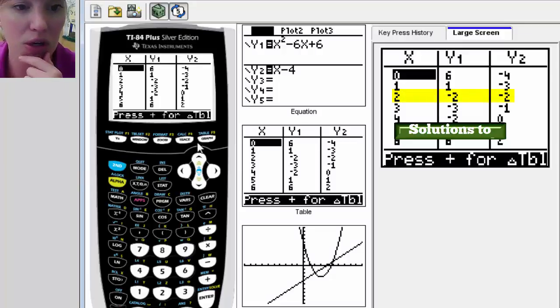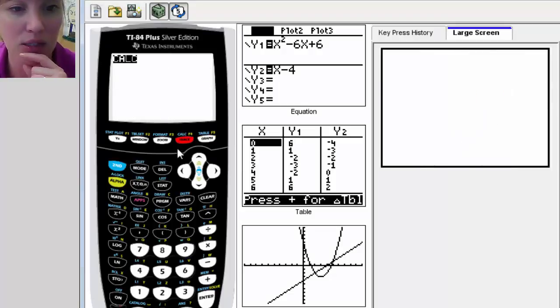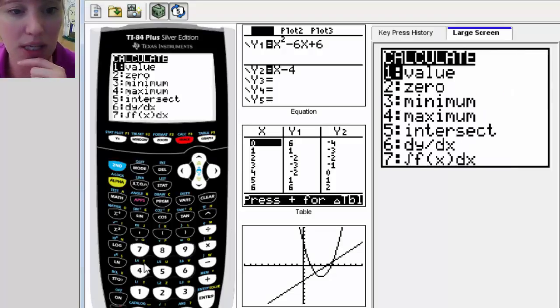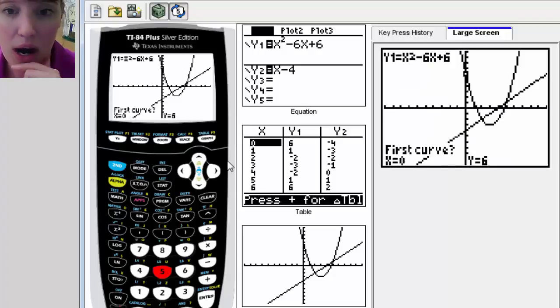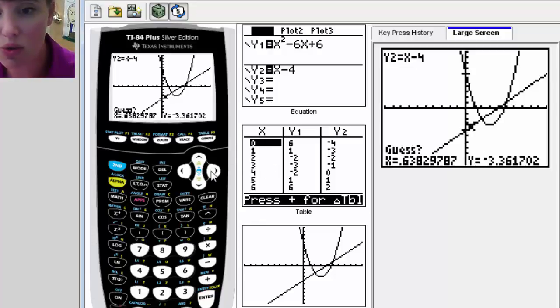We could have also gone to the graph and asked it to calculate: second trace, calculate, intersect. It's asking me for the first curve, and yes, I want the quadratic equation to be my first curve. I say yes. Then it asks, do you want the second curve to be the line? You say yes by pressing enter. Then it asks for a guess, and I put the cursor near the first intersection.